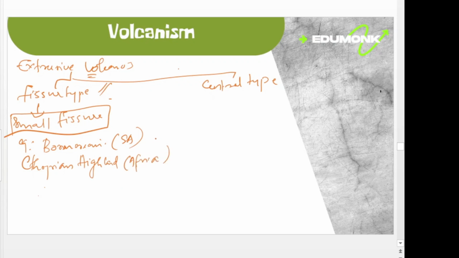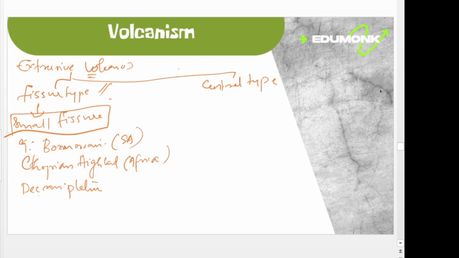Then there is another example, our Indian Deccan Plateau. It's also a fissure type volcano.